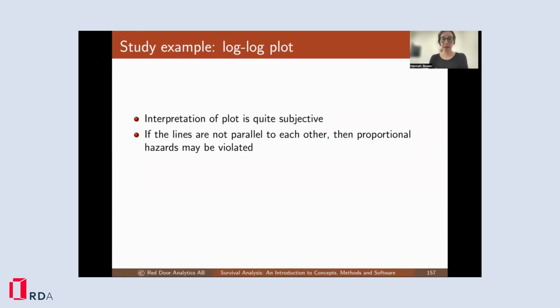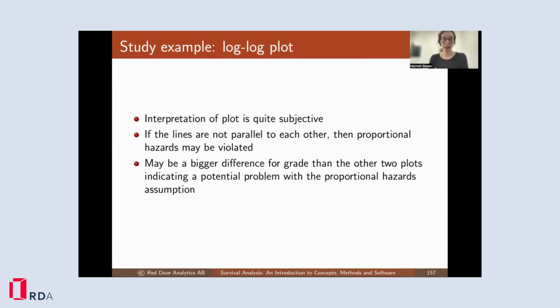But if the lines are not parallel to each other, then the proportional hazards may be violated. So that's what it means. So what I've concluded here from those slides is that there may be a bigger difference for grade than the other 2 plots, because we saw that this gradual joining of the 2 lines, which may indicate a potential problem with the proportional hazard assumption for grade.